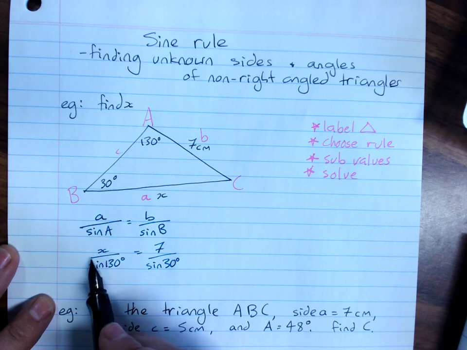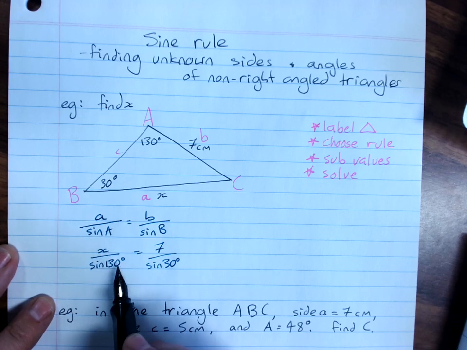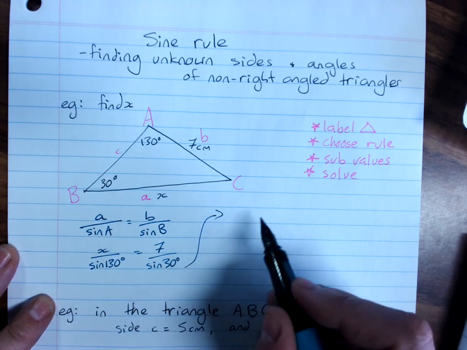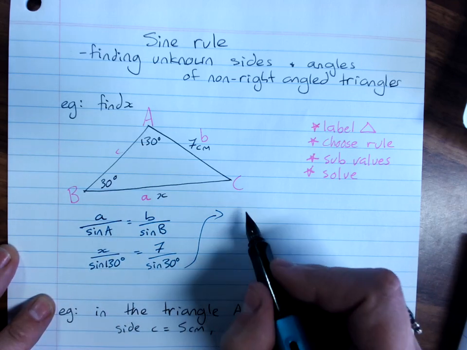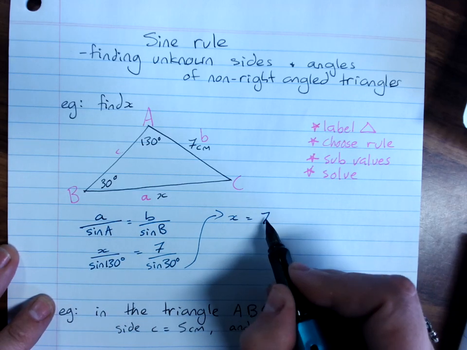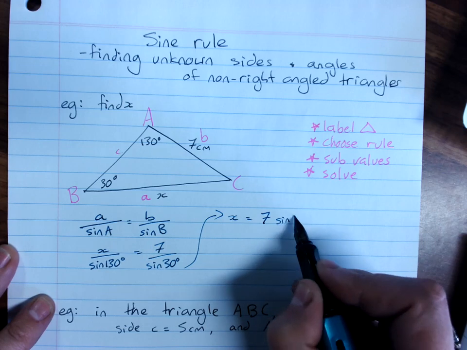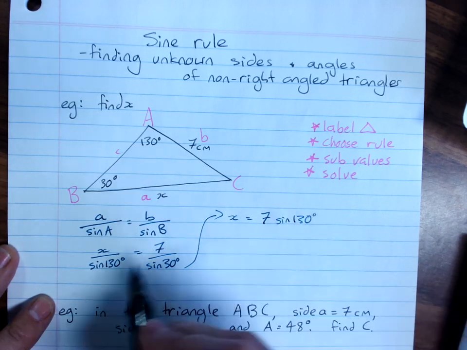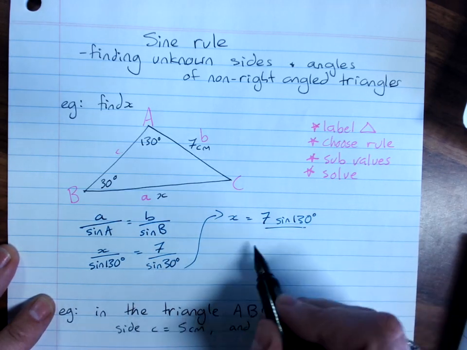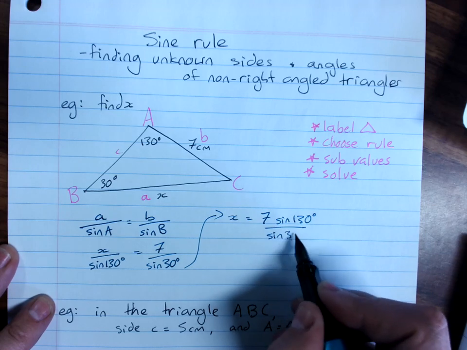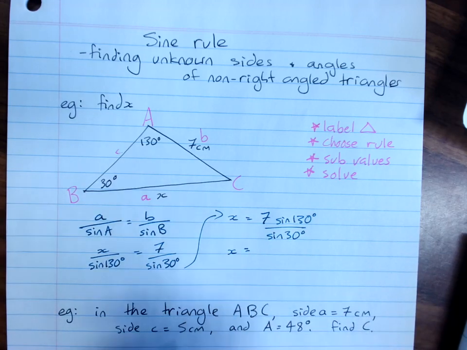X on its own is what we want. I've got x divided by sine 130, so you'd normally put this underneath, have x equals 7 times sine 130, because I just bring that up to the top there, and still over sine 30 degrees.